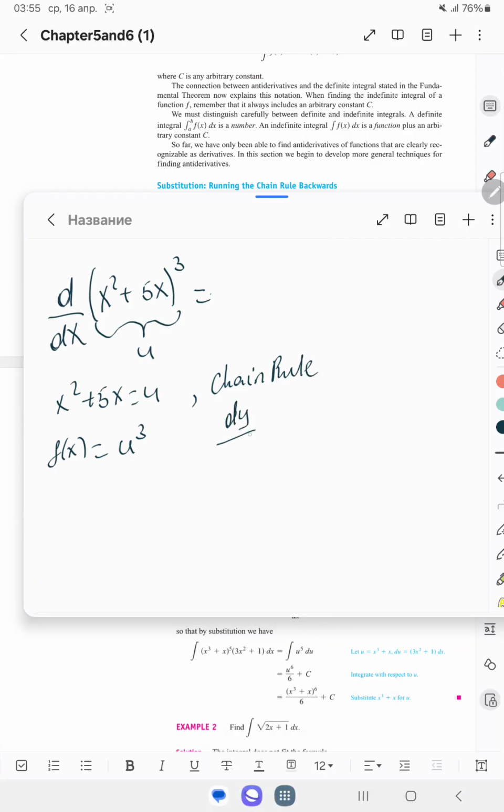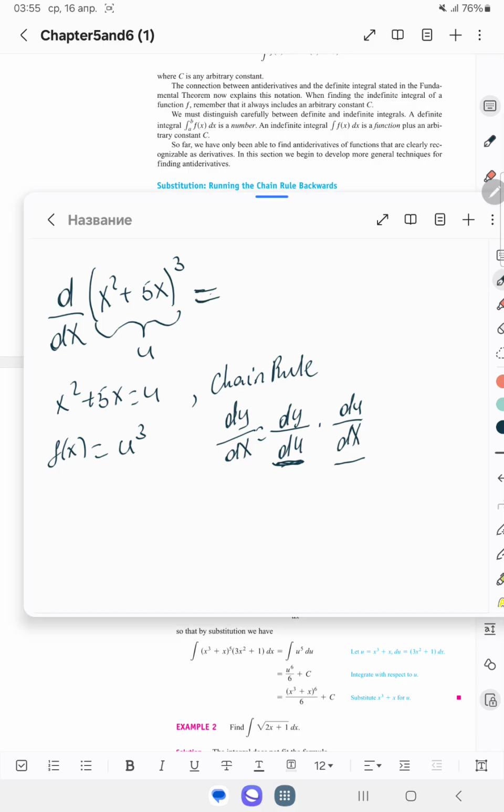It is like this. dy over dx equals, we include u, dy over du times du over dx, meaning derivative of y in terms of u, and derivative of u in terms of x.